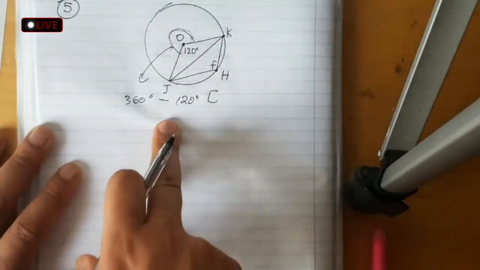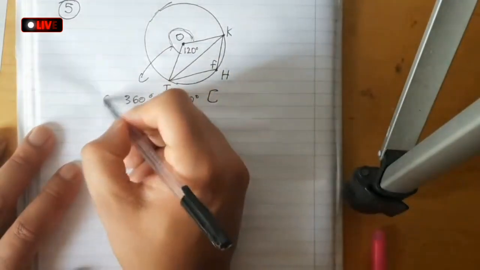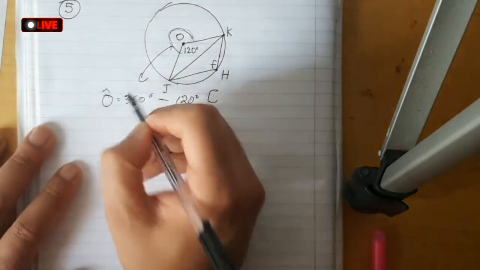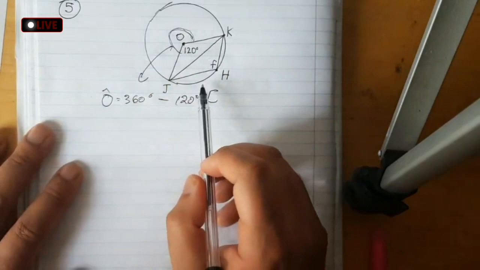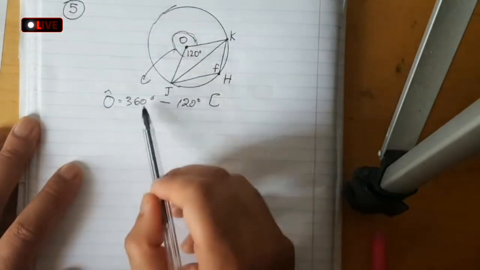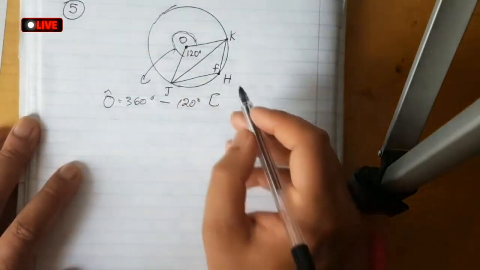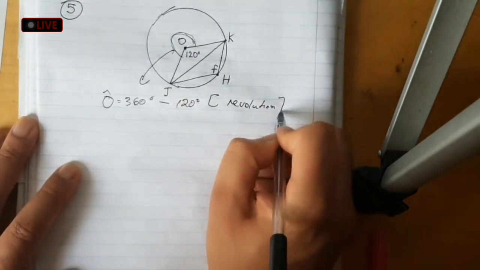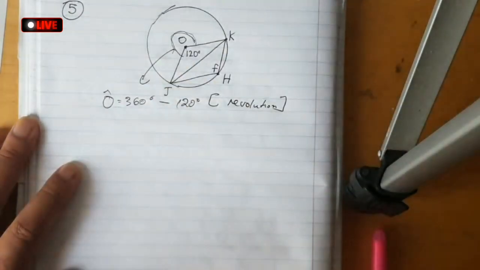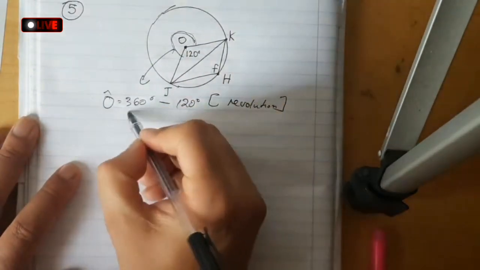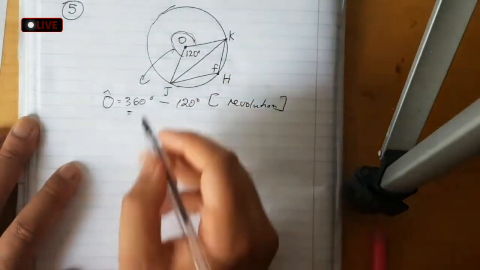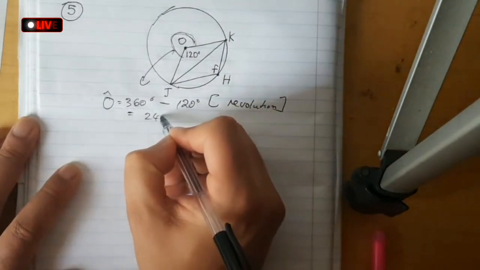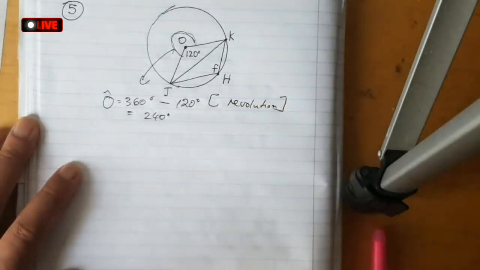Why am I doing that? It is because of revolution, it is 360. So this angle here is 360 minus that, which is 240 degrees.